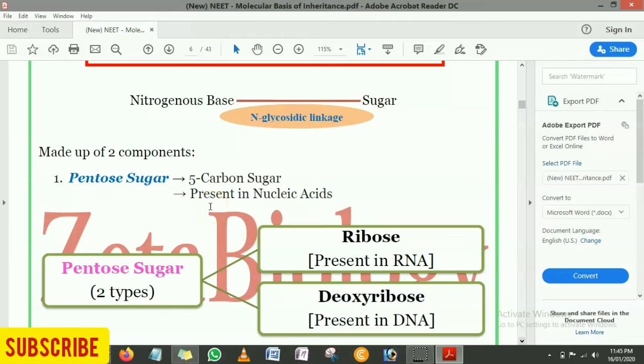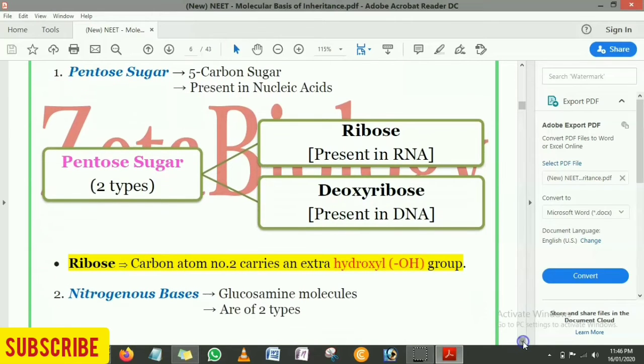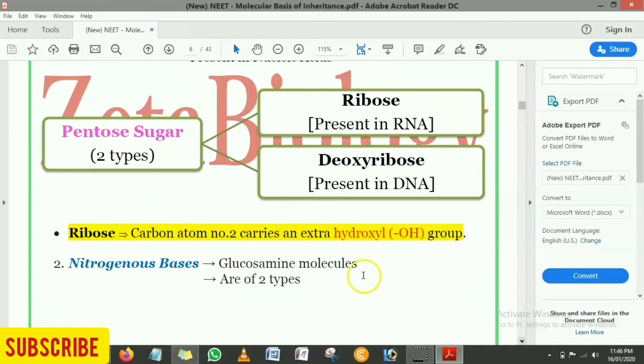So pentose sugar, the first component. Pentose sugar means 5 carbon sugar, and it is present in nucleic acids. We know that there are two types of pentose sugar, ribose and deoxyribose. Ribose is present in RNA and deoxyribose is present in DNA.